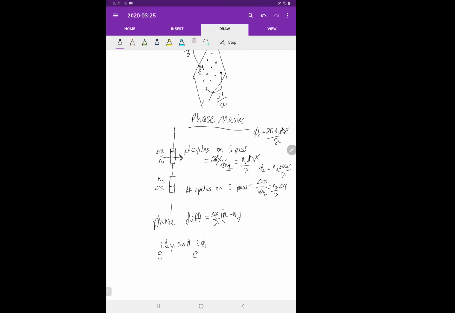Then we're just going to have e to the i k y1 sine theta e to the i phi1 plus e to the i k y2 sine theta e to the i phi2, whole thing multiplied by sinc of ka over 2 sine theta. All right, so that's what we've got.